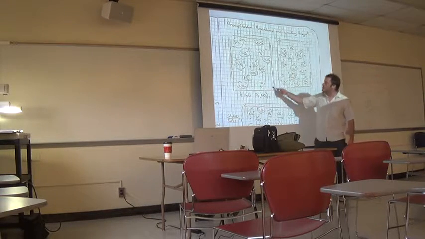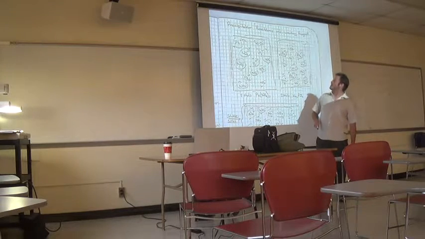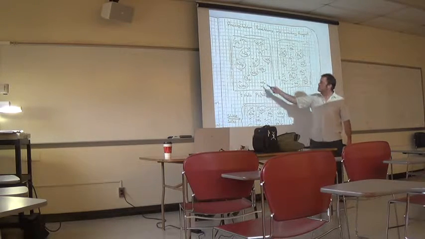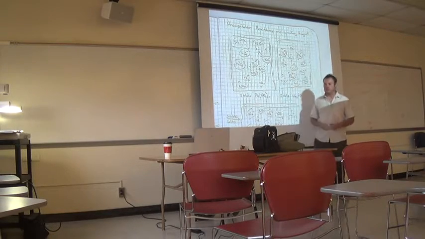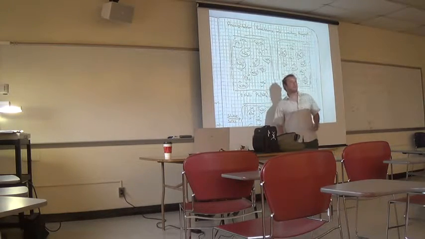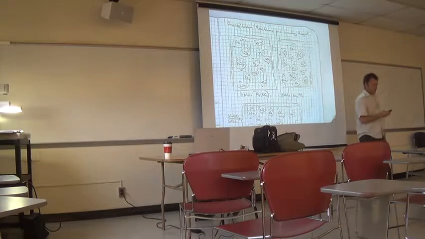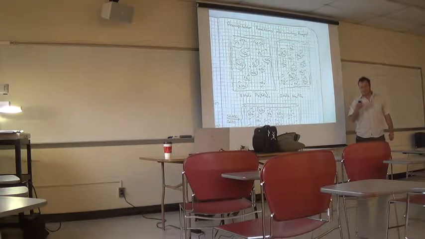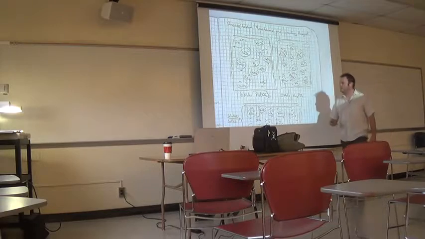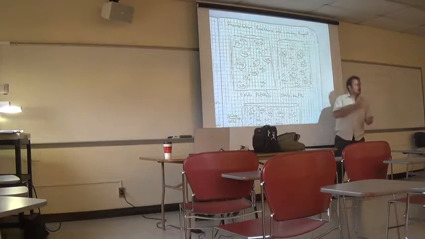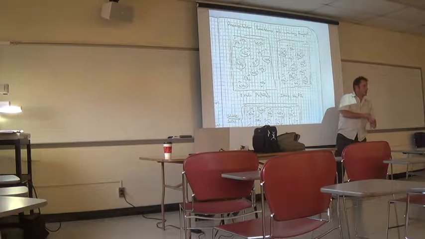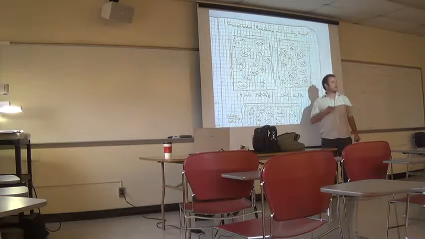Right here, what I've shown, you can't see it that well, but this is a solution of lead nitrate. I've got three moles of lead nitrate, so 3 Pb2+ ions, 6 NO3- ions.